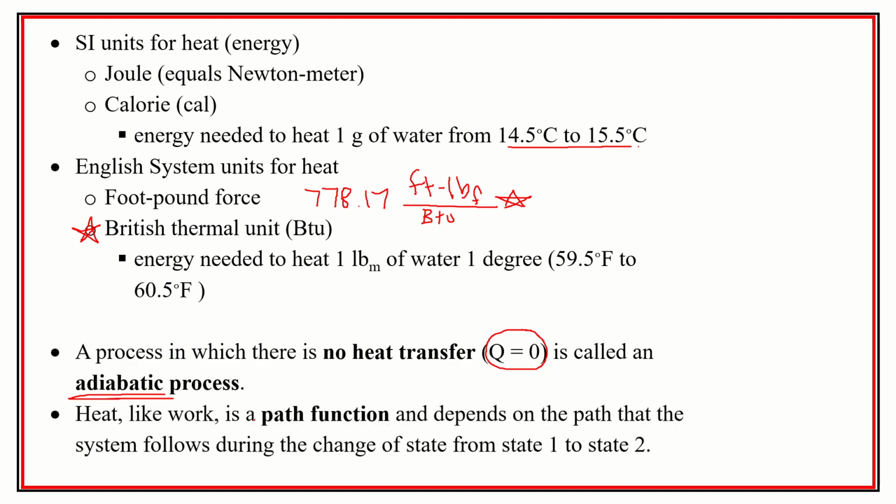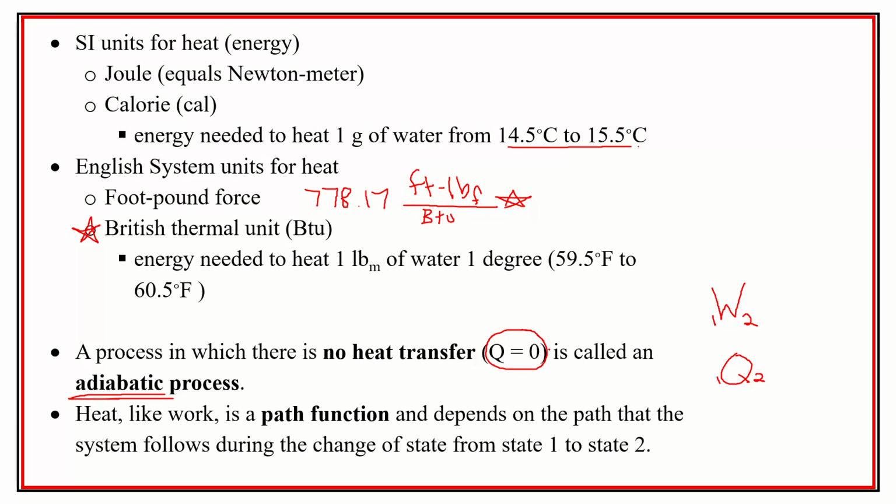And heat, like work, is a path function, and it depends on the path that it takes to get from state 1 to state 2. So like most of the time, you'll see for work, we'll put subscripts, and in this book, they decide to put, so like if you went from state 1 to 2 in work, they go like that right there, and then they do the same thing when it comes to heat. They'll go from state 1 to state 2.